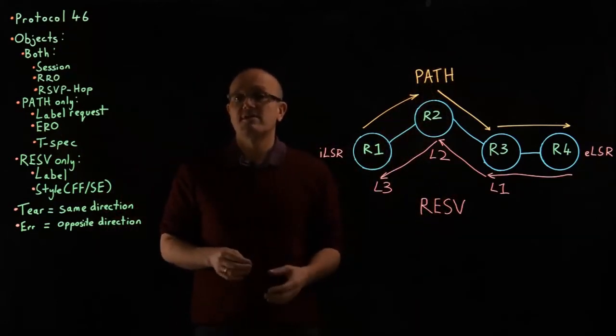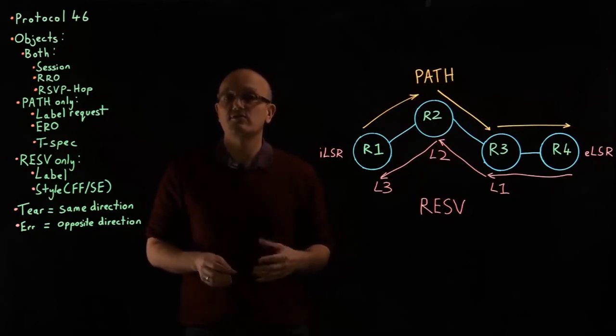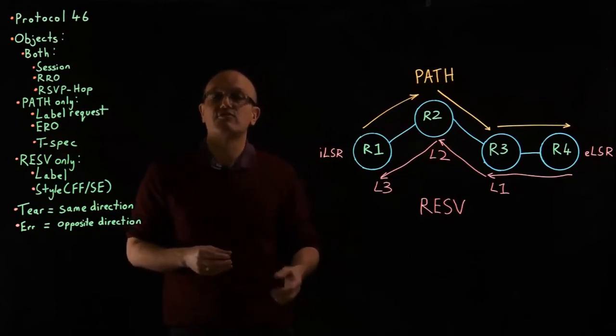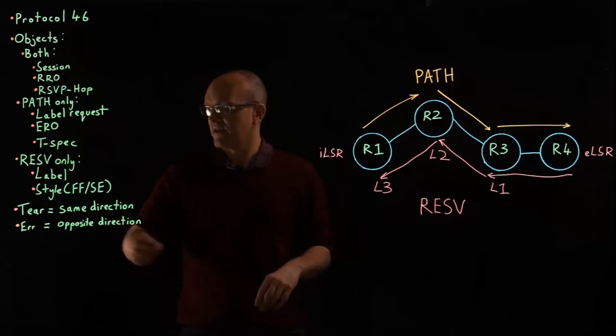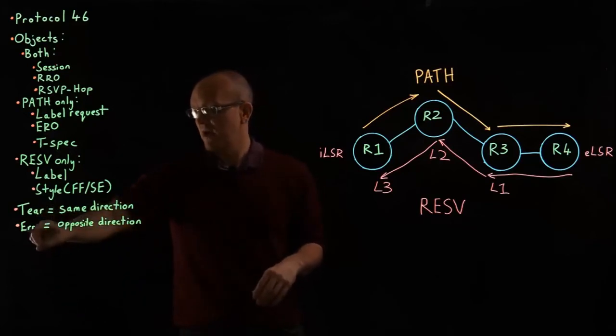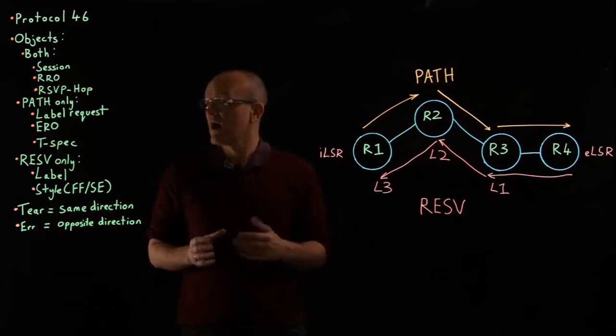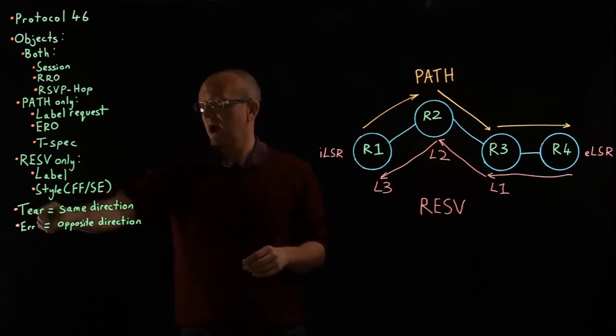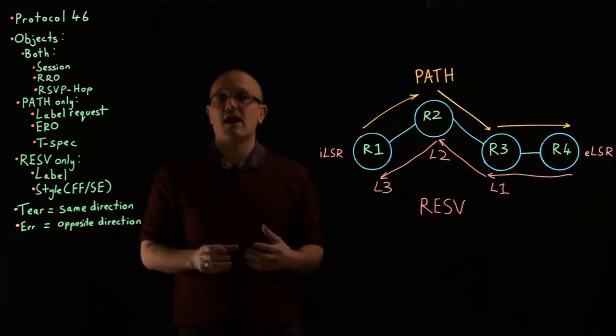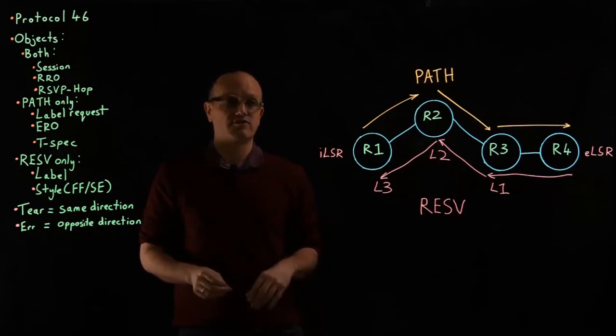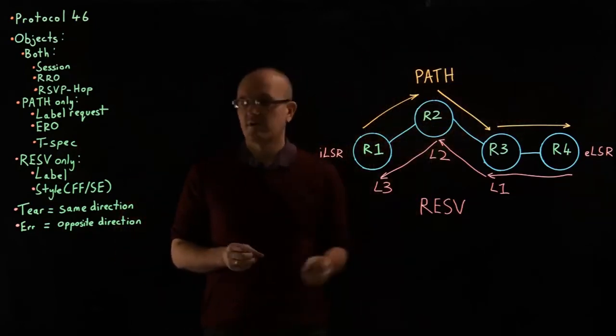To finish, there are some other messages that are used in error handling and resource teardown, and these are the tear messages and the error messages. So there are both path tear and reserve tear messages, and they flow in the same direction as their equivalent message.